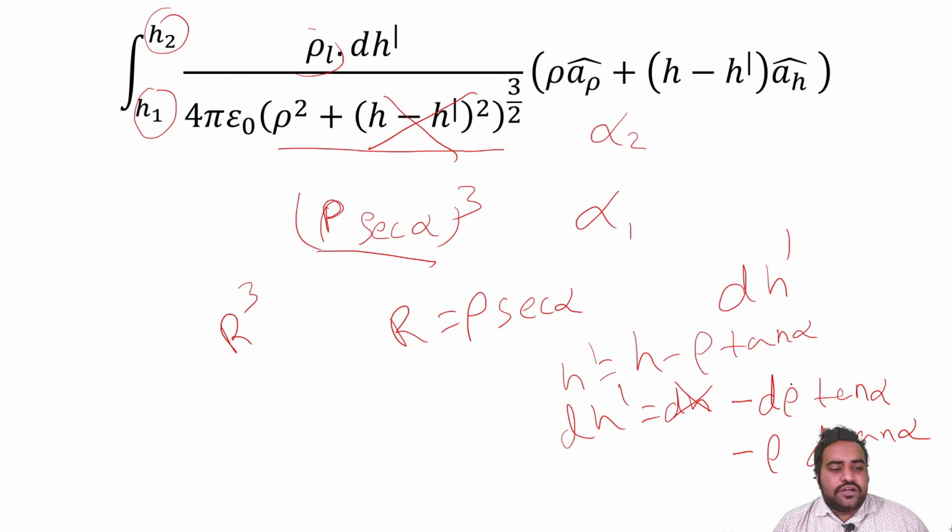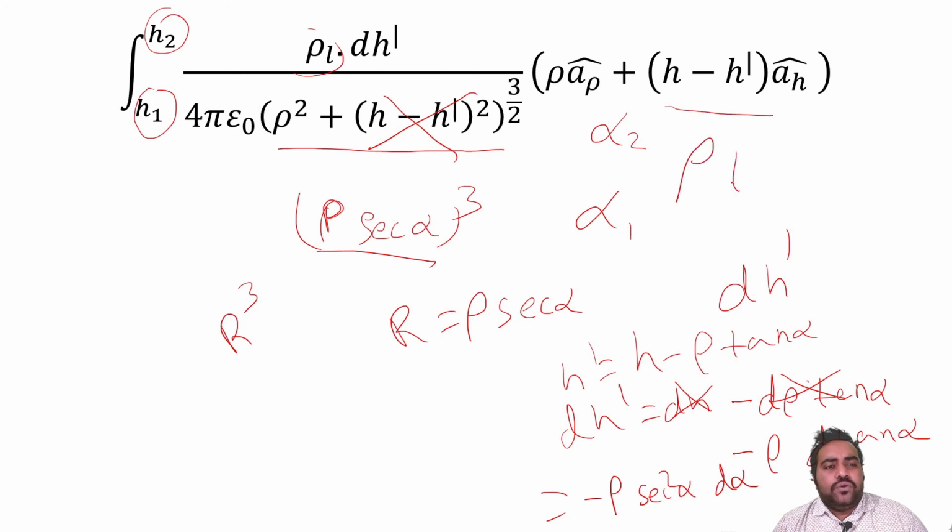Again, rho is not changing as long as the point is not changing. So dh prime is minus rho secant square alpha d alpha. Right? Similarly, rho is rho, h minus h prime can be written as rho tan alpha.